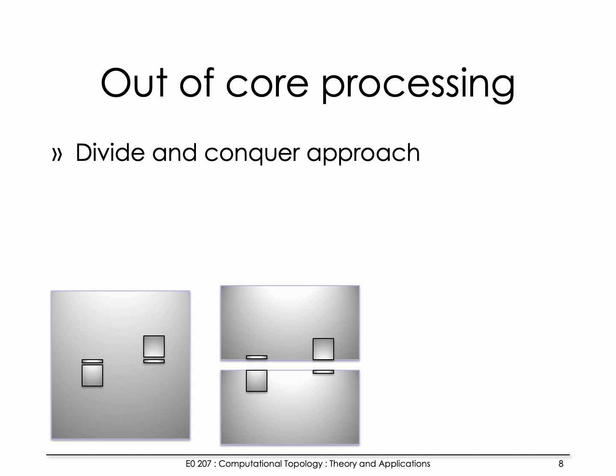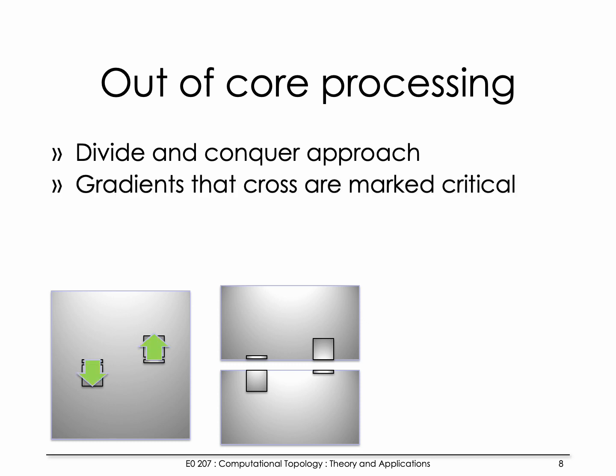And the way this is accomplished is by considering all gradient pairs that cross the boundary. So if there is a gradient pair that crosses the boundary, shown using these green arrows, then the two cells that define this pair are marked critical in the two blocks as shown on the right.